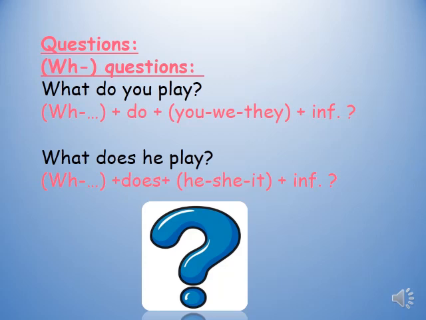Of course, you have to tell me the game, okay? You can say, I play football, I play tennis, I play karate, and so on. So when I ask you a question using a WH word, I'm expecting a full answer, not only yes or no.